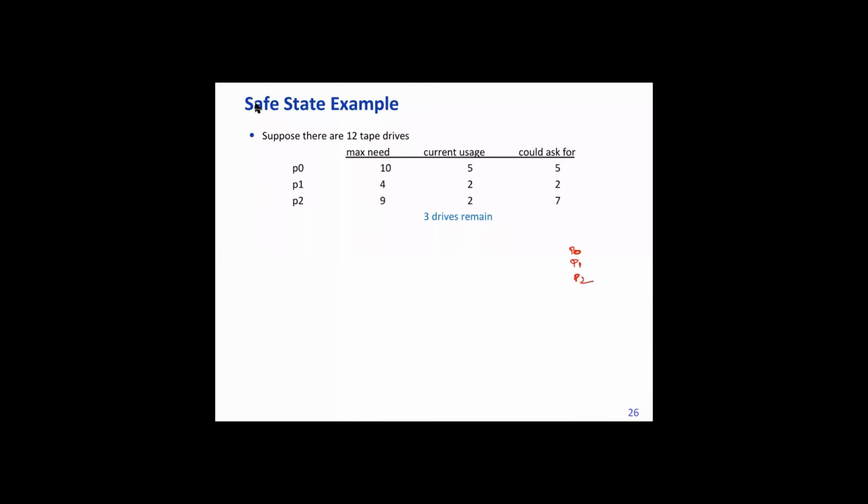It can do it in any order because they all may need this many, right? Let's assume that they are going to ask this many, then in what order must it honor the requests? The other sequence could be P1, P0, P2, and so on. Number of combinations, right?